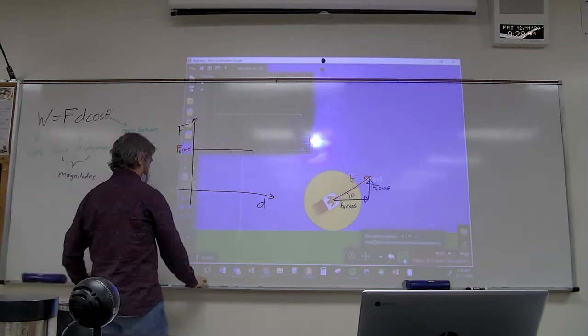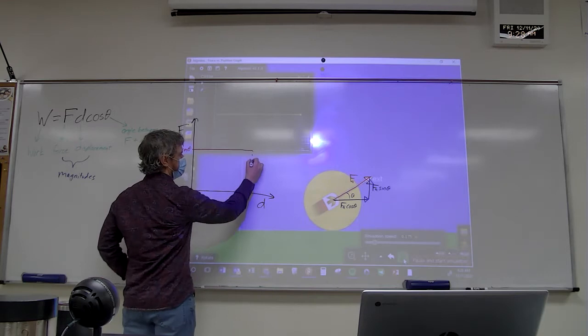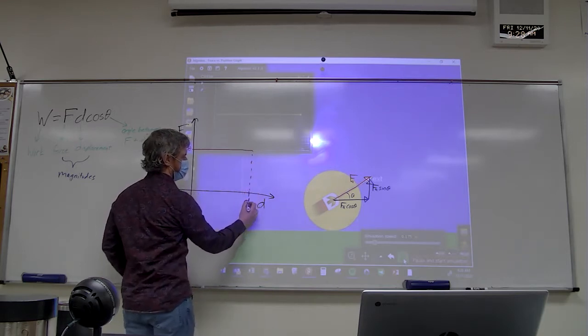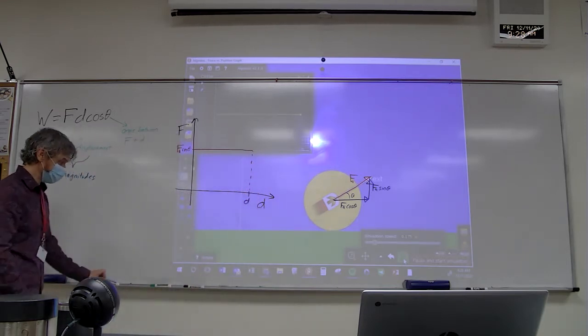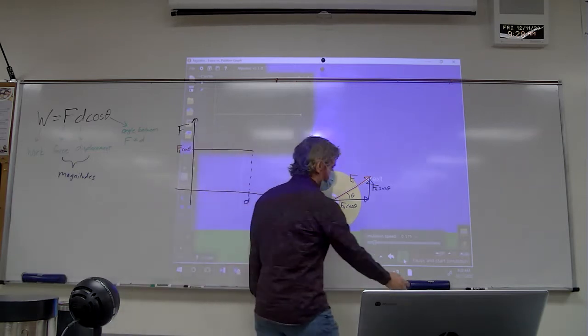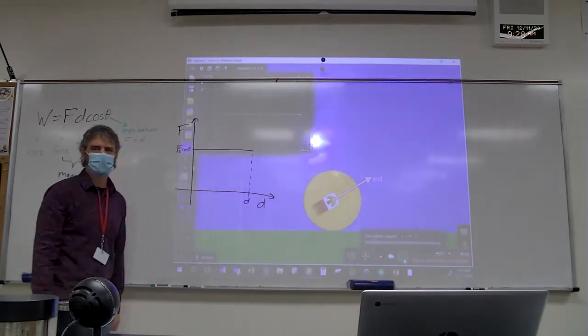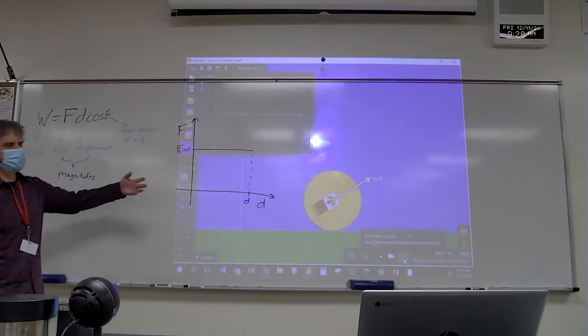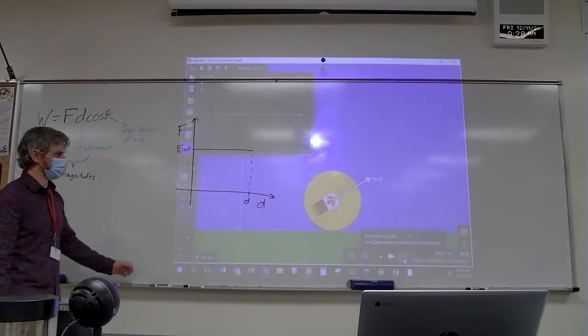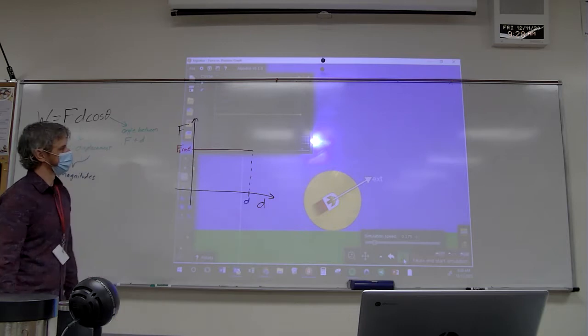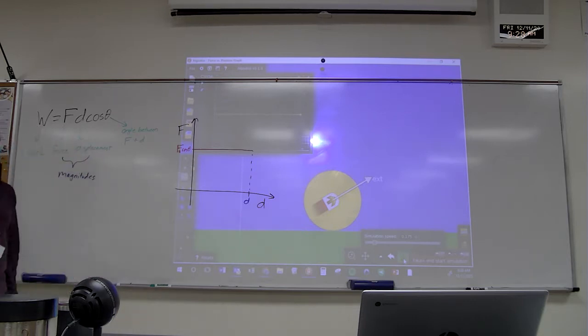And let's say that it acted over a certain distance, up to here. What could I do with this graph to determine the amount of work done? What could I just measure on this graph in order to determine the amount of work? The area.